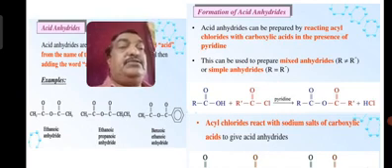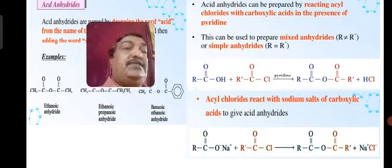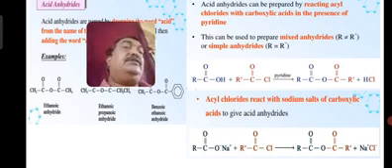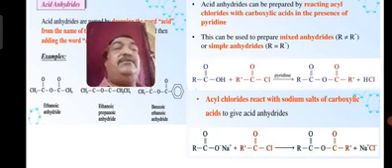Similarly, the sodium salt of a carboxylic acid reacts with acyl chloride to form the anhydride and NaCl. So you can put R equal to CH3 or C2H5 or a benzene ring for the corresponding compounds. As per your syllabus, they have mentioned only how these are prepared, no mechanism.